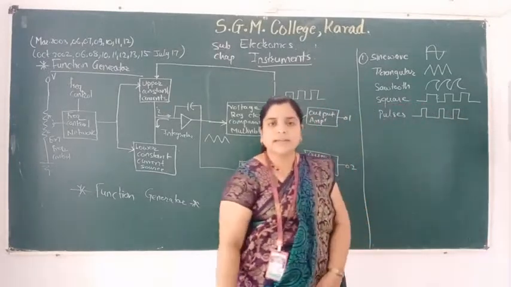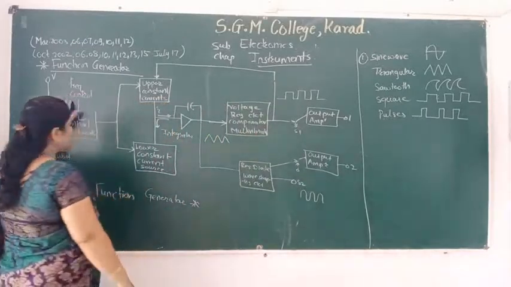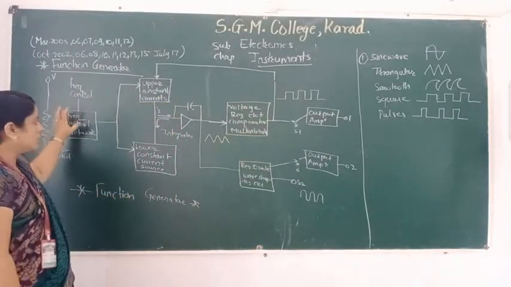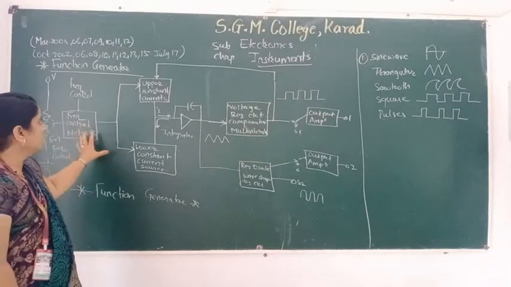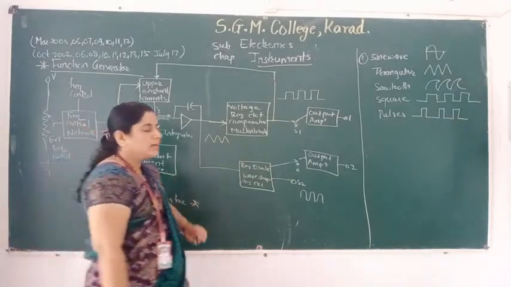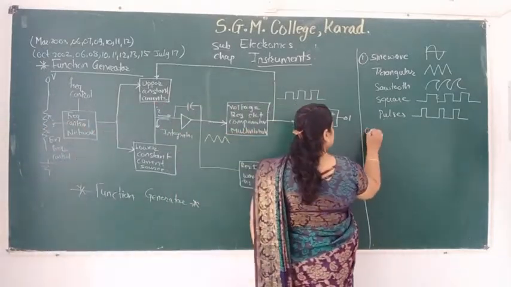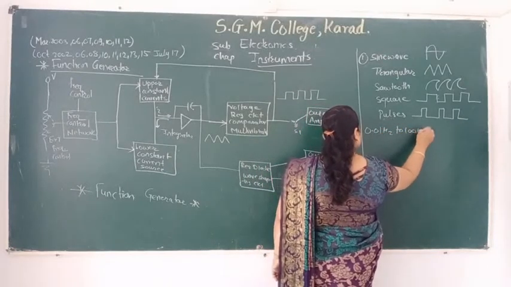First point you will write in the function generator is that frequency control is there to control the frequency. The frequency range of this function generator is from a few hertz to 100 kilohertz, means it is 0.01 hertz to maybe 100 kilohertz.